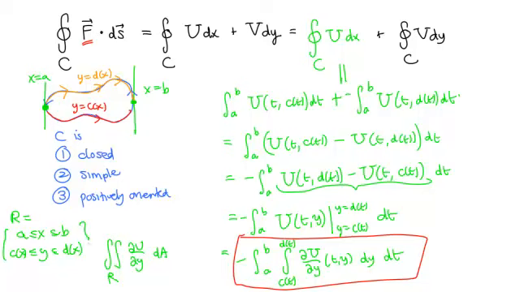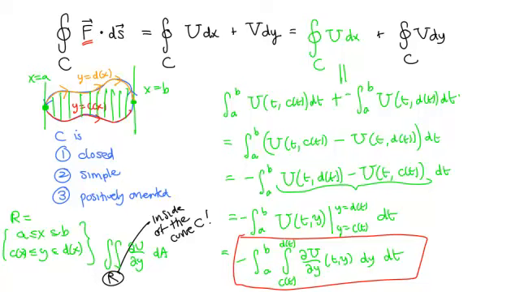What exactly is this region? Well, it's a vertically simple region where the y values go from c of x to d of x, so this range in between here, and the x values go from a to b. In other words, this region R is nothing more than the inside of the curve.